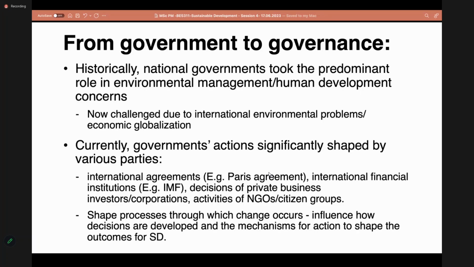Because of this, there is now a need to look at partnerships across countries, across communities, across different geographic areas when it comes to implementing sustainable development practices.